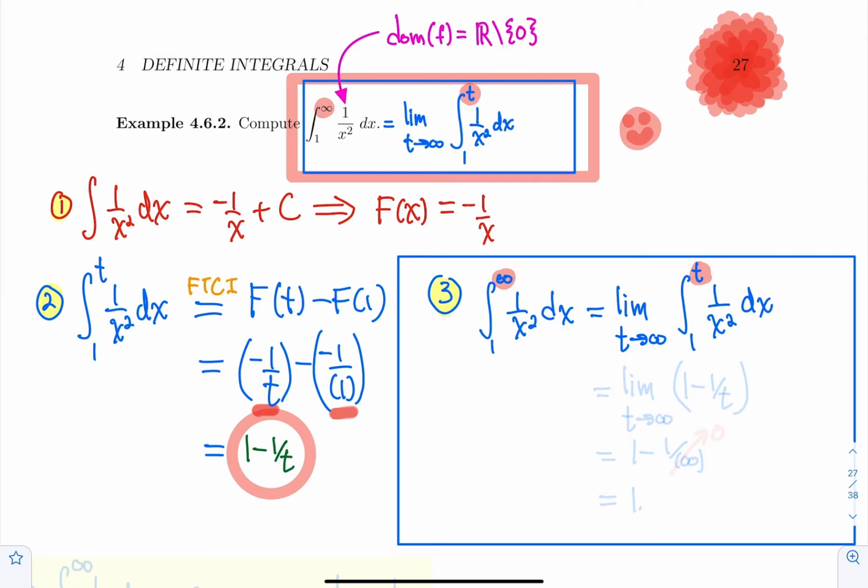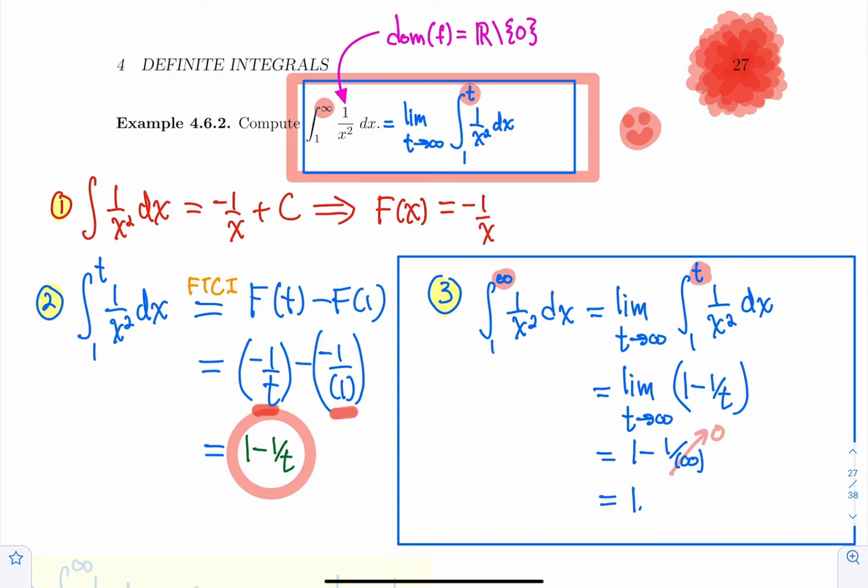And now we're going to replace this definite integral between 1 and t of 1 over x squared dx with what we just computed, which is 1 minus 1 over t. So now the definite integral is gone. We have a formula, 1 minus 1 over t. And now we're going to compute the limit of this as t goes to infinity. So just by replacing t by infinity, you get 1 minus 1 over infinity. 1 over infinity is 0, so you're going to get 1.